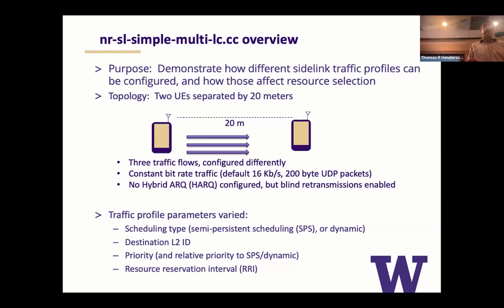There's a number of traffic profile parameters varied: the scheduling type, the destination layer 2 ID, the priority, and then there's also a flag that is basically a tiebreaker, whether, in the cases of a priority tie, you would give priority to semi-persistent scheduling traffic or dynamic grants, and then the resource reservation interval. And by changing these values at the command line, you can basically force the scheduler to schedule these logical channels together or separately.